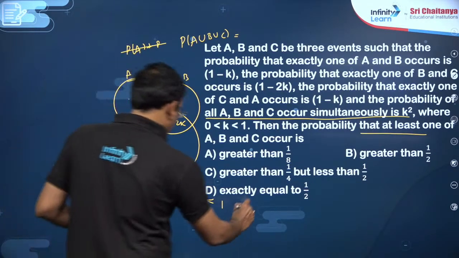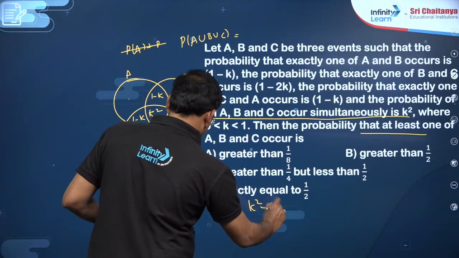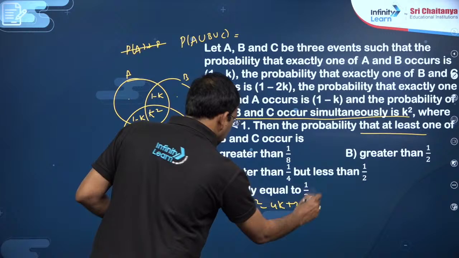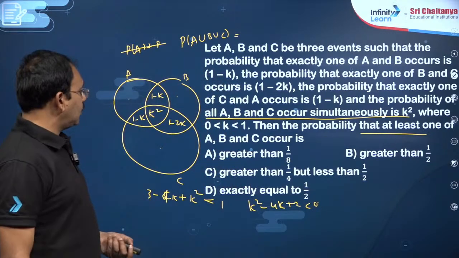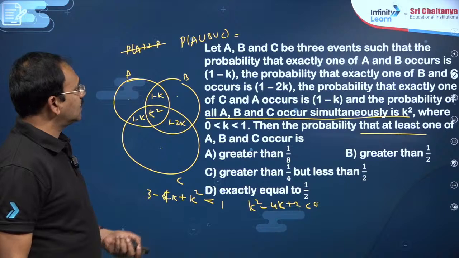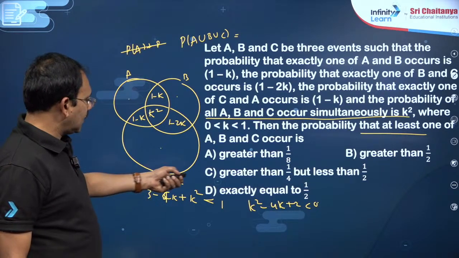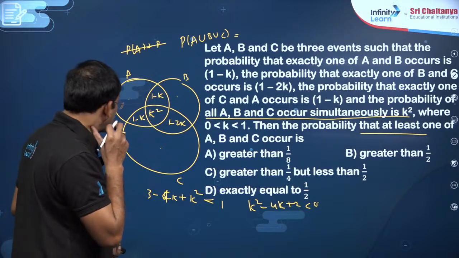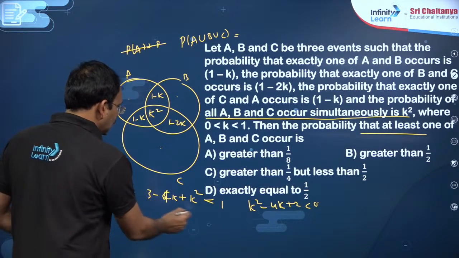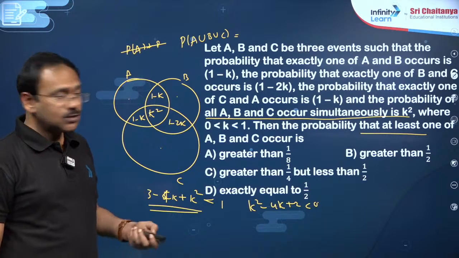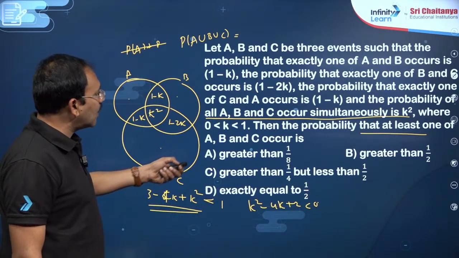So you will get, my dear friends, k square minus 4k plus 2 must be less than 0. So you will get some range of k values here. Similarly, you need to apply the other combinations and check, and each one must be greater than 0 also. The sum of these three must be greater than 0. That inequation will also help you derive certain conclusions here.